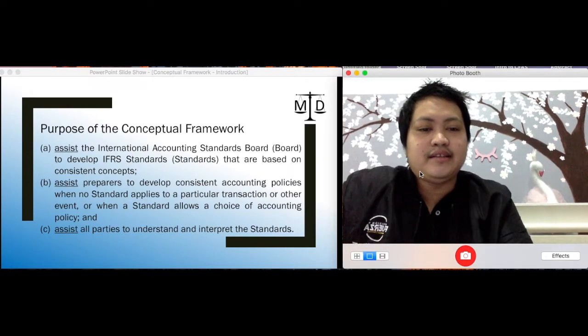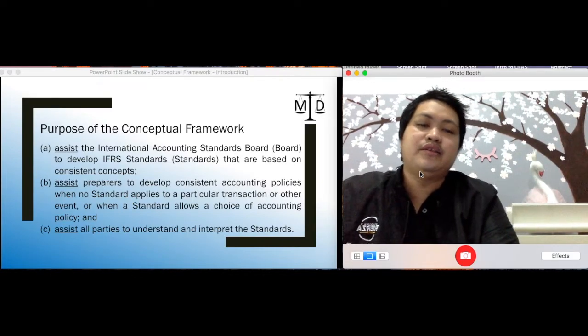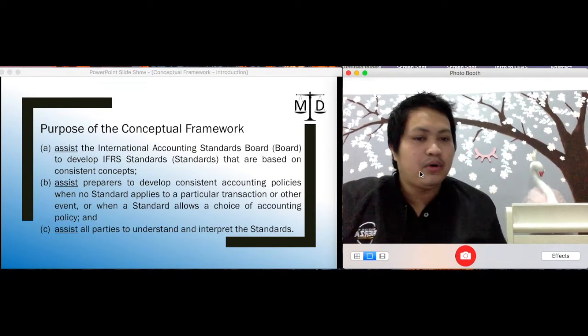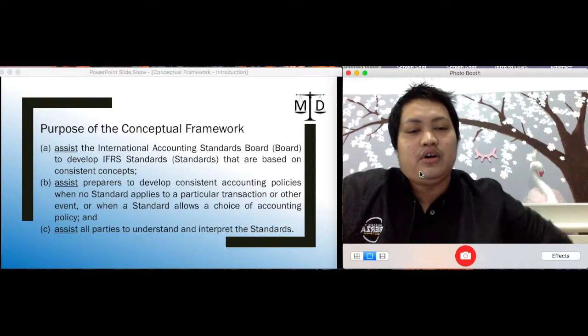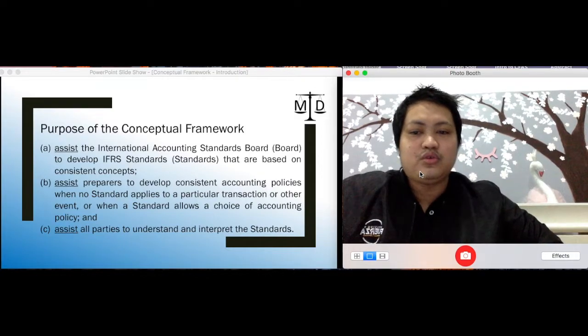The framework assists the IASB, assists the preparers of financial reports, and assists all parties who will be using the financial statements. So it should not be very difficult for you to remember what the purposes of the framework are, because they are all to assist.